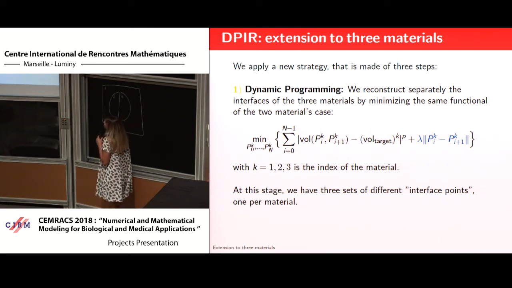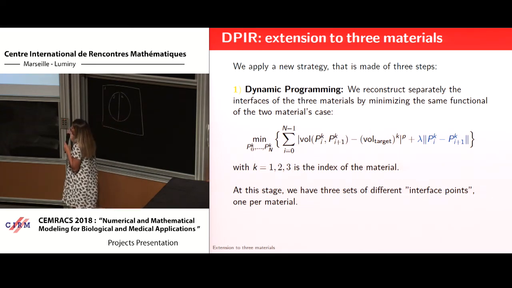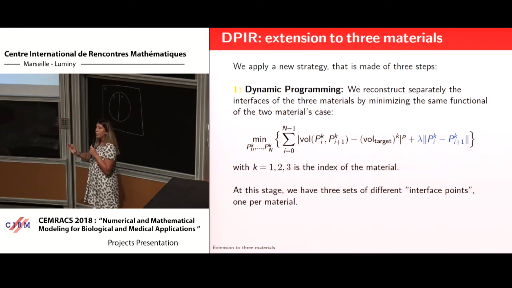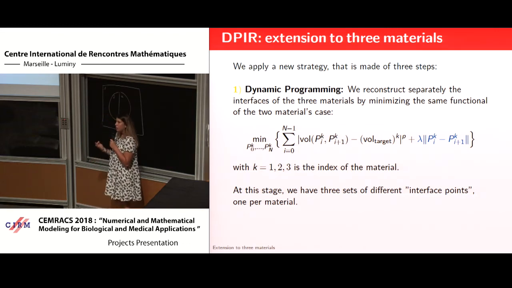So what we thought is that a good strategy was to apply the first step of the PIR, the minimization step, 3 times. For each material, for example material 1, I reconstruct the interface between material 1 and the 2 others. So we will have an interface of this type, and it's a closed interface.